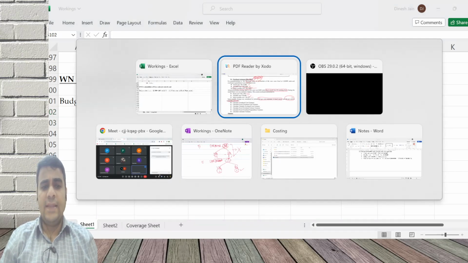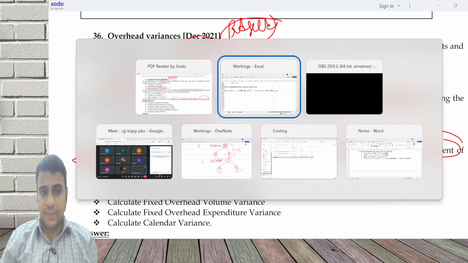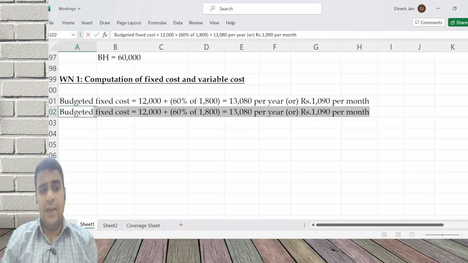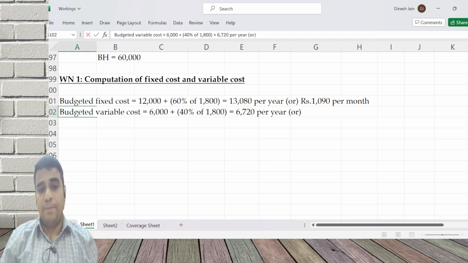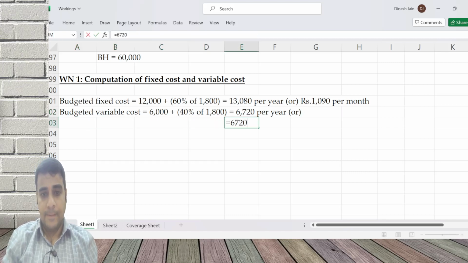We are removing that semi variable from the question. Budgeted variable cost is equal to 6,000 plus 40% of 1,800. 6,720 per year, or 560 per month.